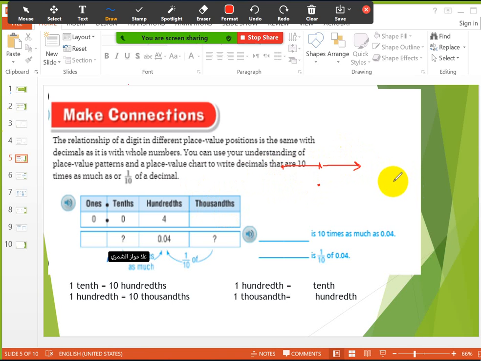Also the decimal part consists of digits. So the digits in the decimal part will start with the tenths. Okay, this page, 152. So open page 152.